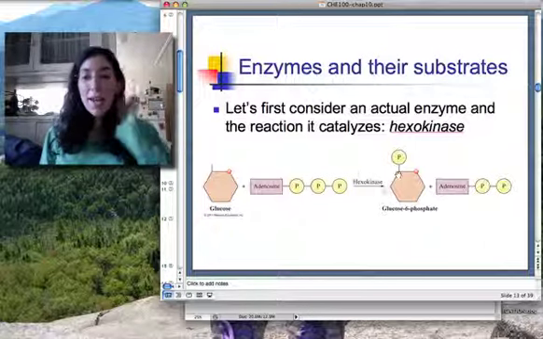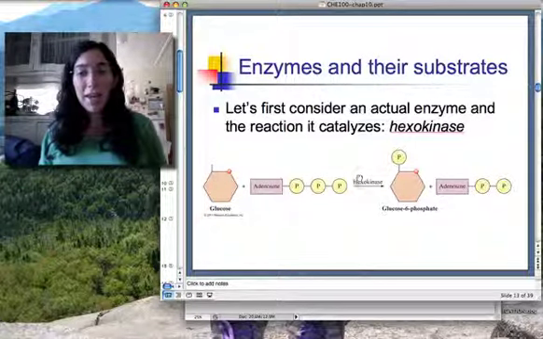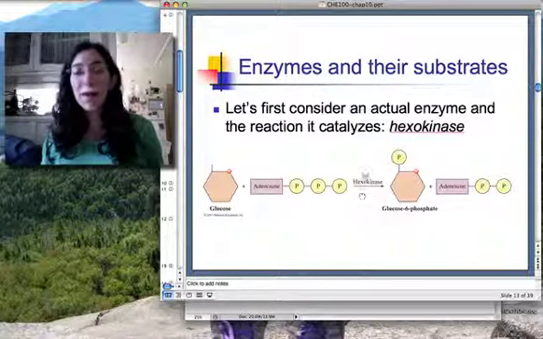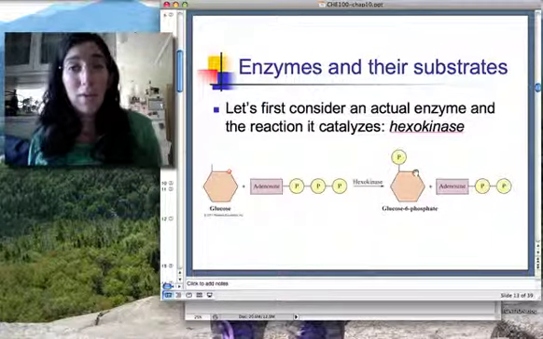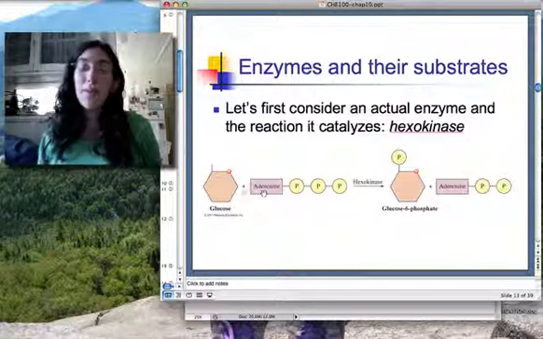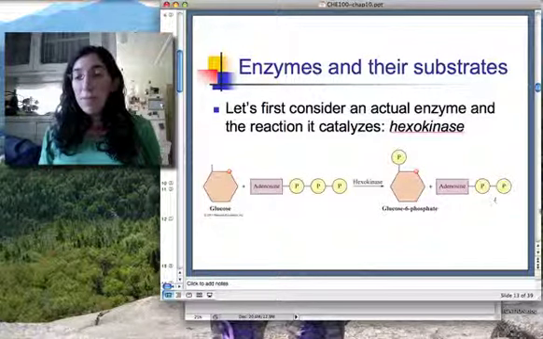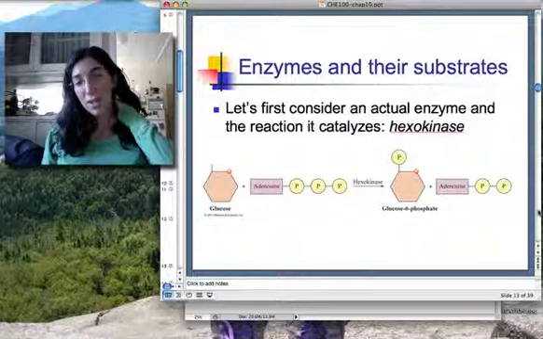And hexokinase is the enzyme that catalyzes that reaction. We'll see this enzyme and this reaction again in Chapter 12 when we're looking at metabolism of glucose, but for now we're just going to focus on hexokinase and how it functions in this reaction.